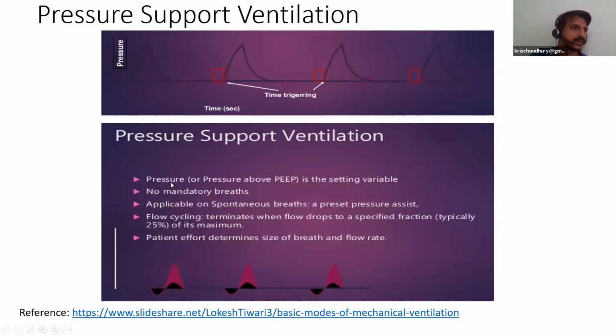So if you can see here on this pressure support ventilation slide, whenever the patient exhales and then inhales, this pressure support ventilation just enhances the amount of inhalation that a patient does. And then when the patient doesn't breathe, the pressure support doesn't do any work, and then the patient exhales again. And then when again he inhales, he inhales a lot more than what he would do normally with his own effort.